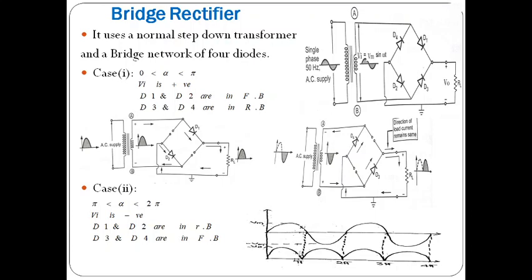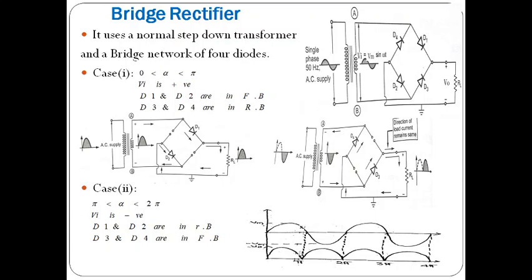So the current flows through the load resistor in the path of D1 to RL, then D2, then ground. Whatever input we applied will appear at the load resistor as V0. So you can consider the output here from 0 to π. Whatever input we applied appears at the output across the load resistor RL.